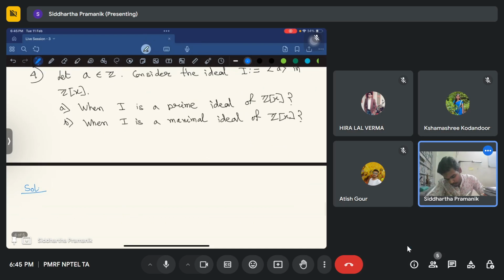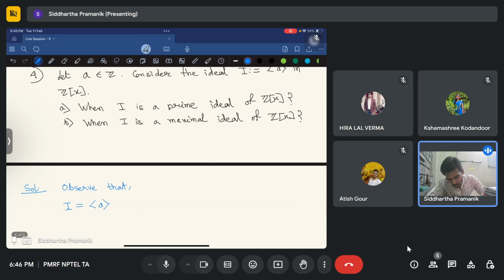So how does the ideal I look? I is generated by the constant polynomial a.